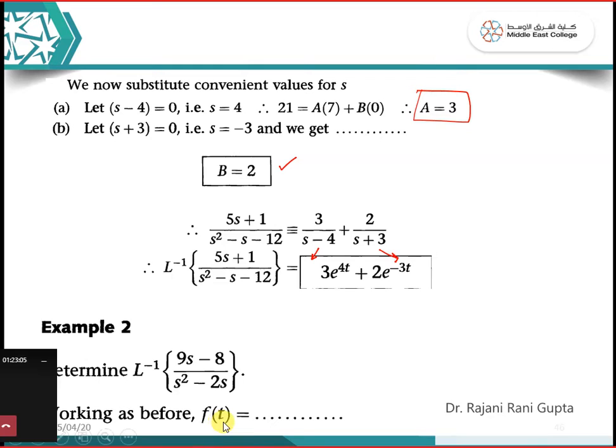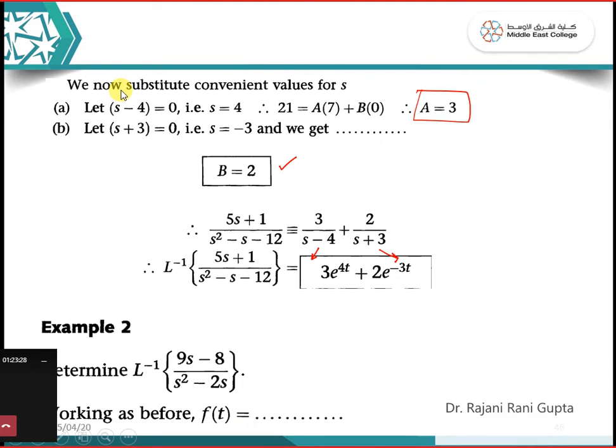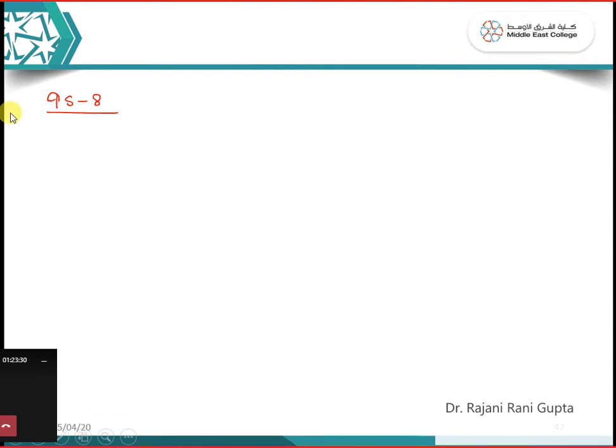So let's work on this. 9s minus 8 over s square minus 2s. Let me write the question here. 9s minus 8 over, the question was s square minus 2s.